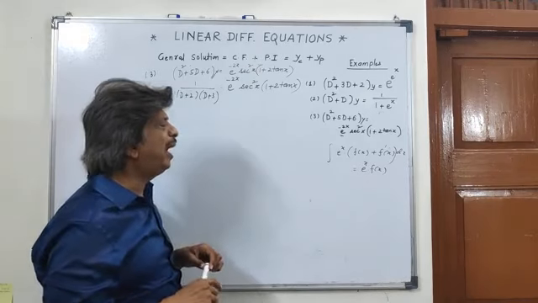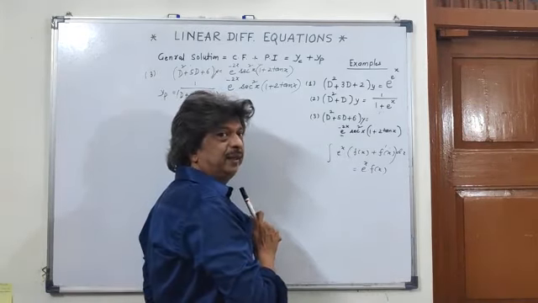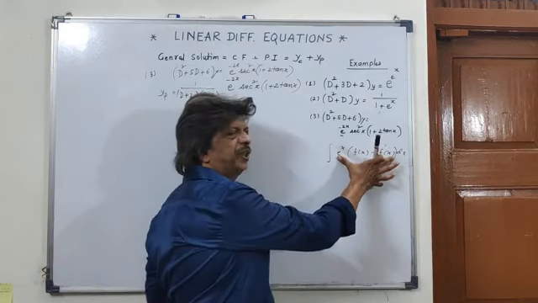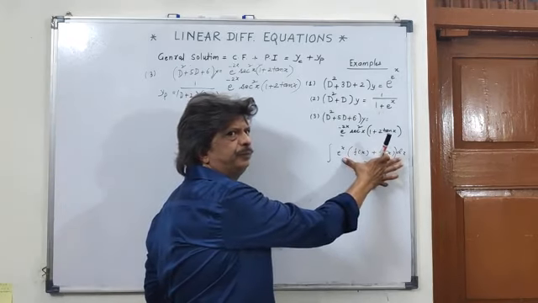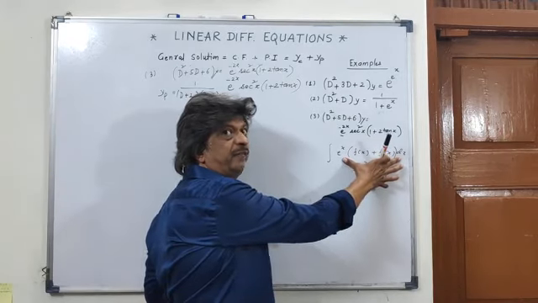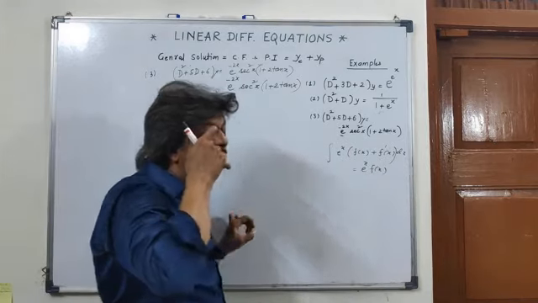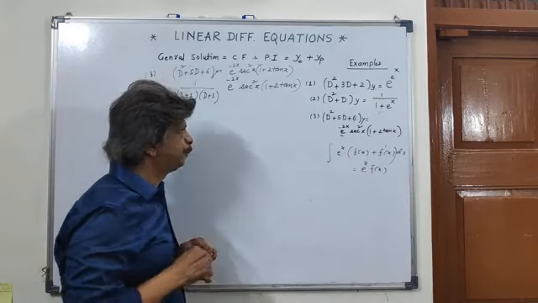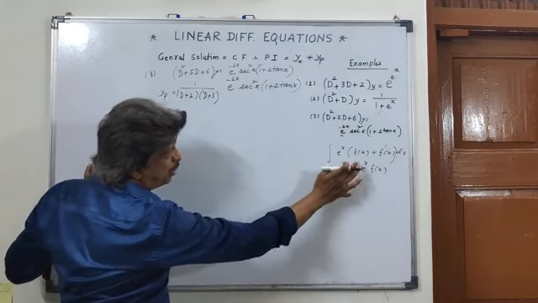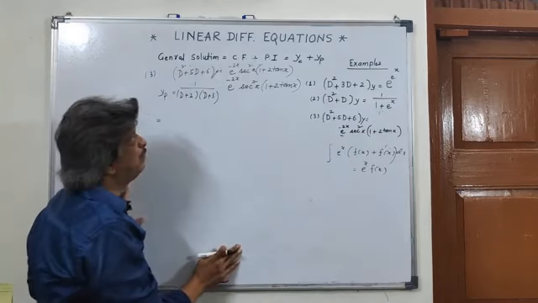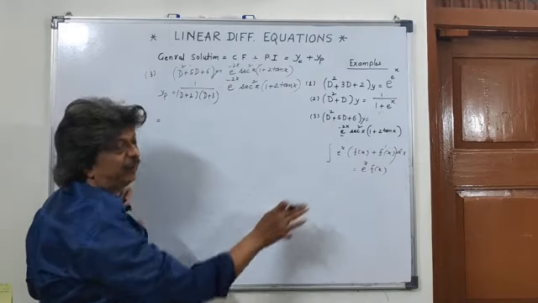In this, if I put e to the power x into f of x equal to t, then this complete expression e to the power x into f plus f dash becomes dt, so that its integral is e to the power x into f. As I am going to use this property, e raised to power x f plus f prime is integrated as e to the power x f.